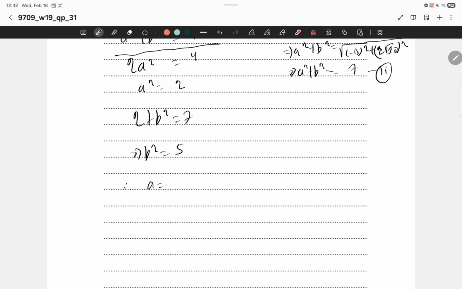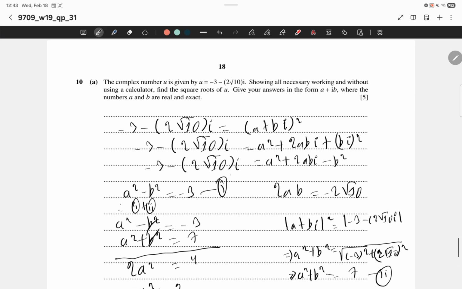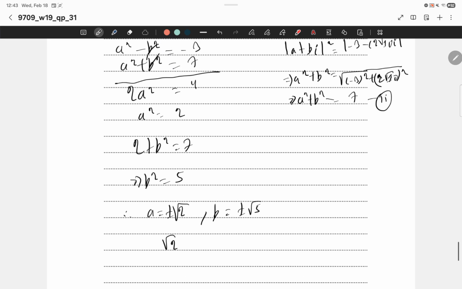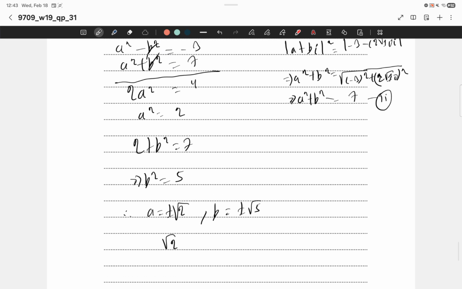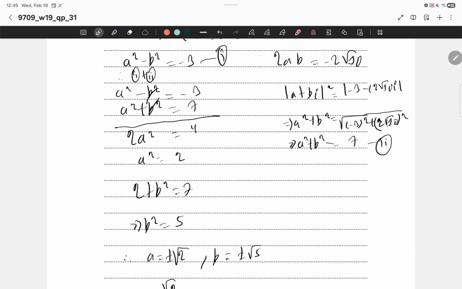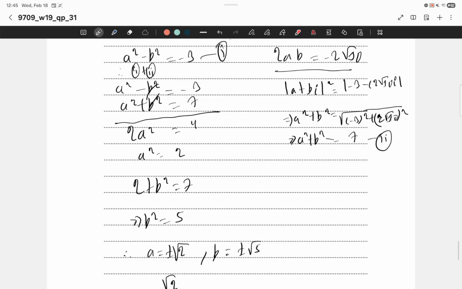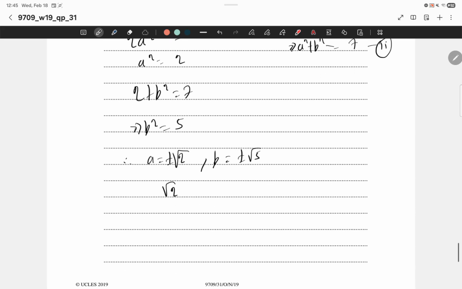Okay, so a is plus minus root 2 and b is plus minus root 5. So a plus b iota, right? Since here ab is negative, a and b must have opposite signs.